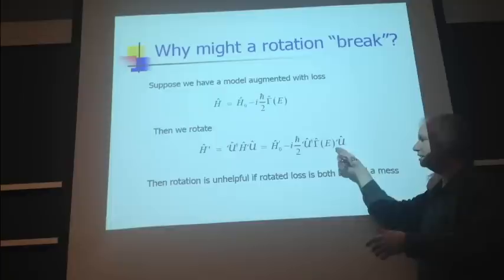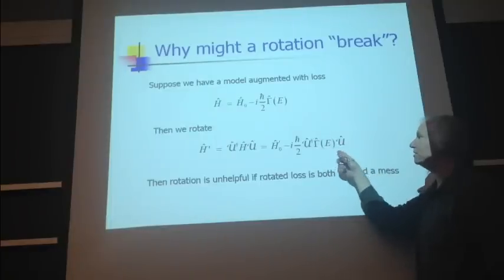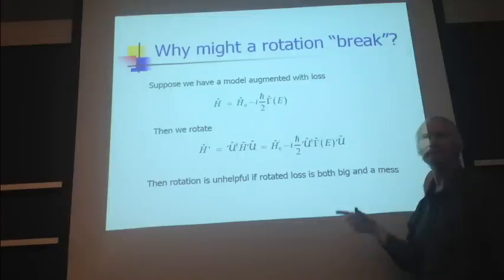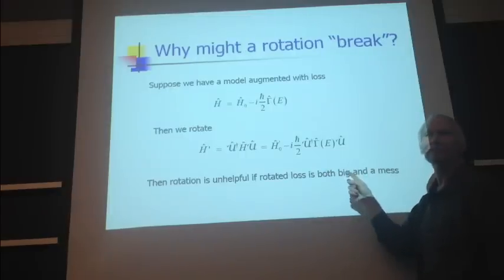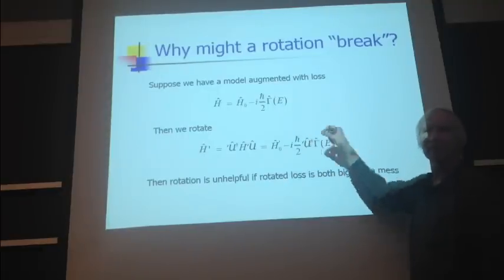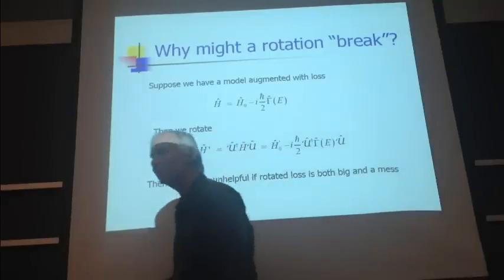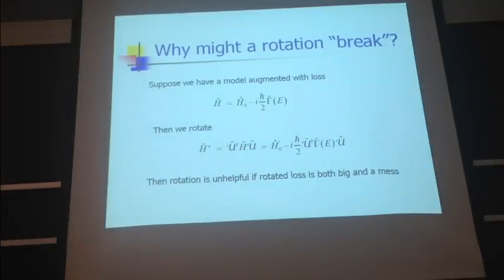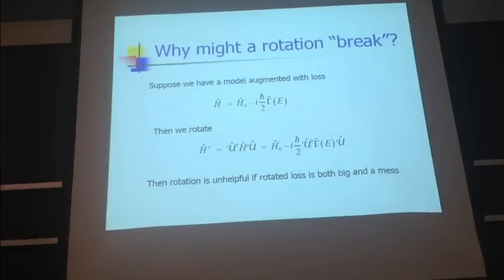And when you rotate it, it's quite possible that this rotation is going to lead to a mess that's going to make this problem intractable. And in this case, the rotation is unhelpful, and it's better just to work with the lossy problem directly by brute force. And in that sense, the argument is that the Foldy-Wouthuysen transformation breaks, with quotes. Not that it breaks, it never breaks, it becomes unhelpful.